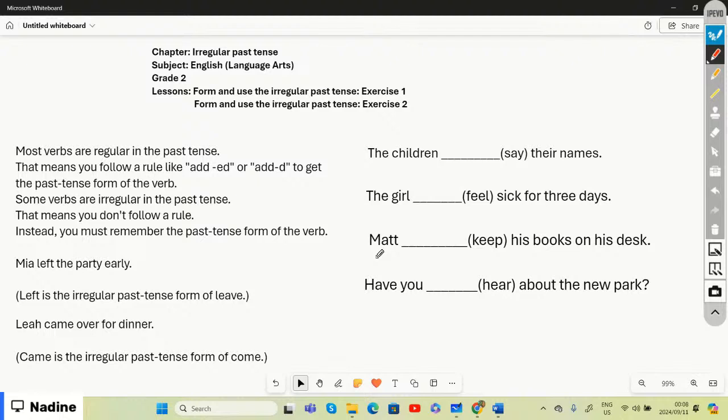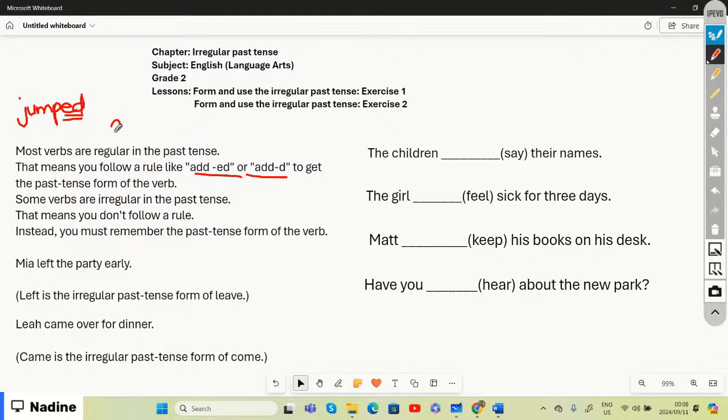If we look at examples of regular past tense, for example, jump. In the past tense, we can say I jumped over the fence. You see, we added an ed.